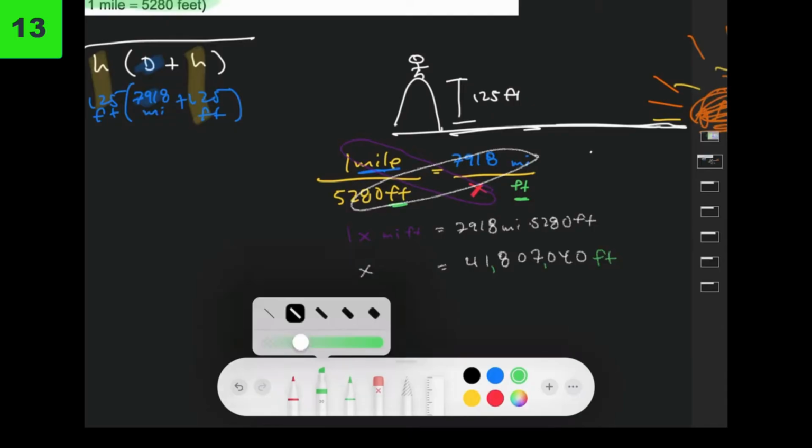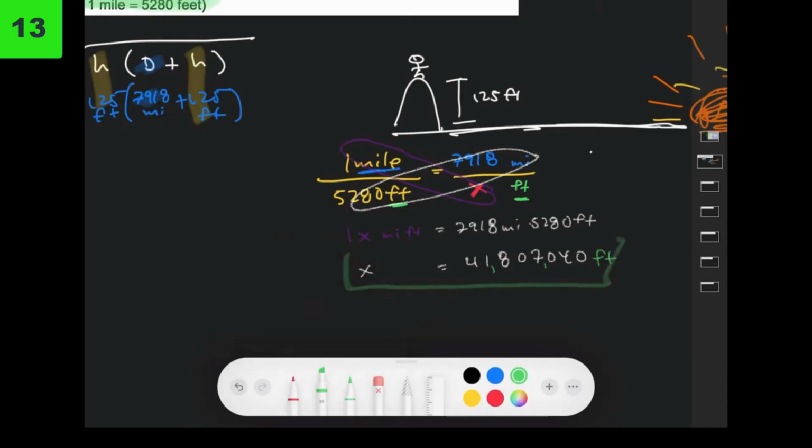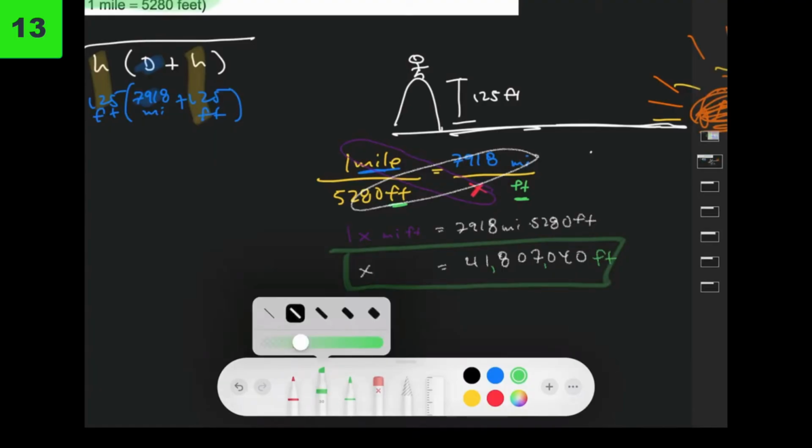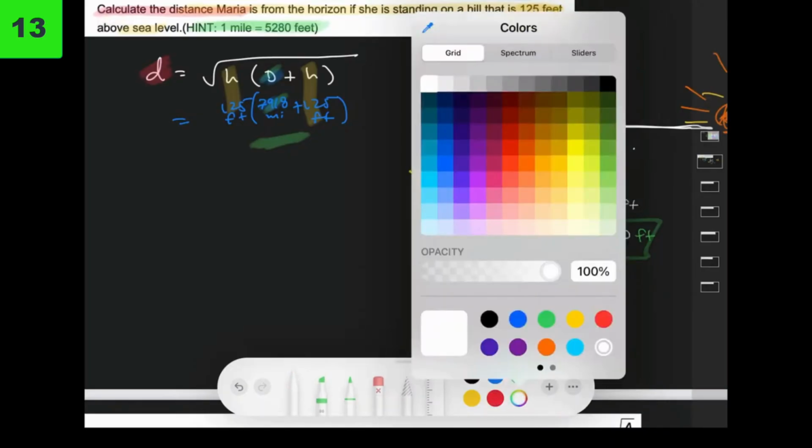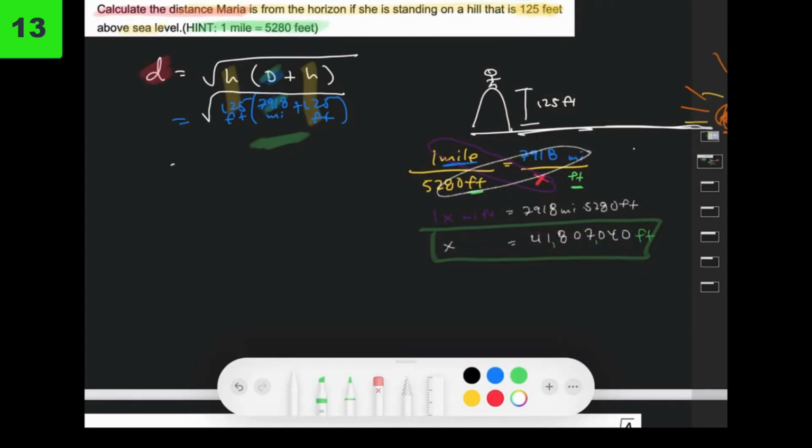Let's do this right here. Okay, this represents now the amount of the diameter measured in feet. So let's get all that in there. Remember, don't forget the square root, just like I did. Don't do that. Okay, we're going to take that number, 41,807,040 plus 125.